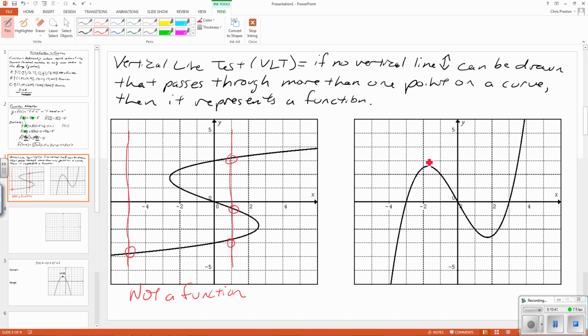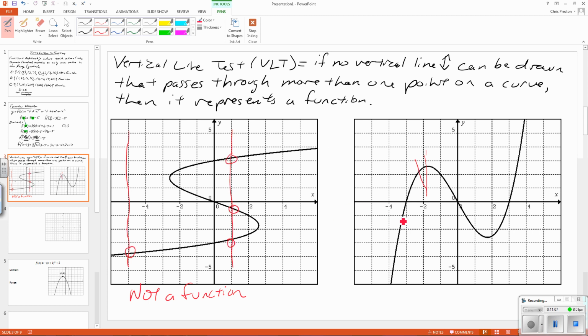On the other hand, everywhere I draw a vertical, let me turn this a little bit, see if I can do this. That's getting worse. Erase all that. Let's try this again. All right. So everywhere I draw a vertical line.